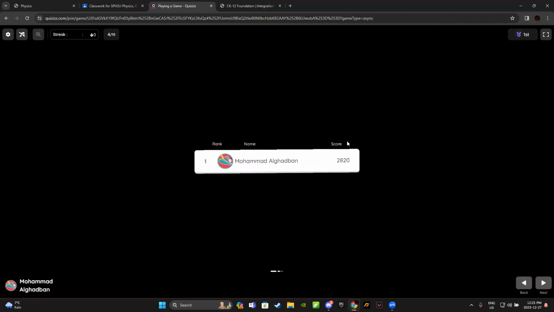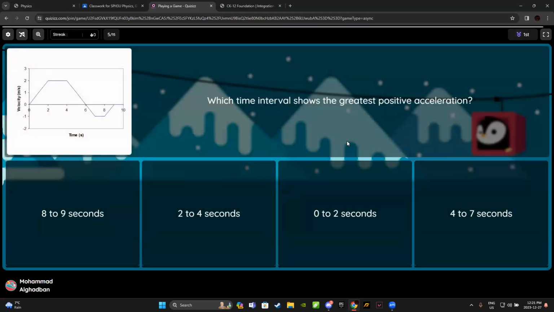Okay, so you didn't pay attention that it's a decreasing velocity, so negative acceleration. The object slows down, right?